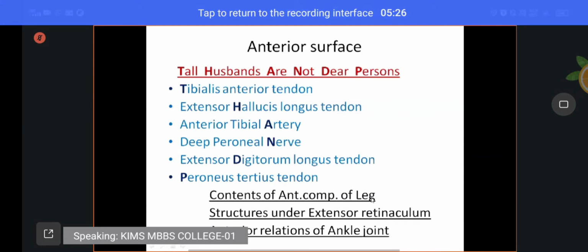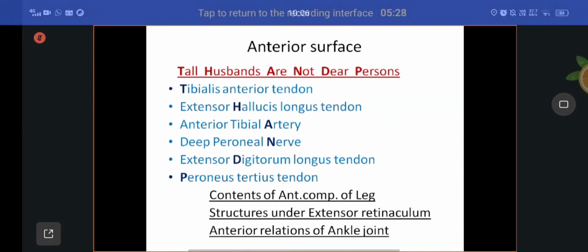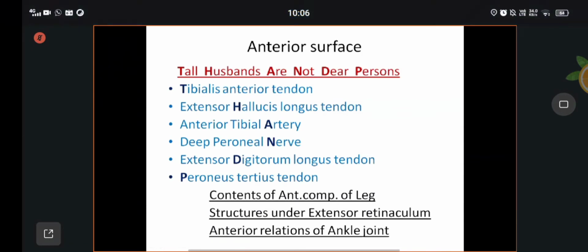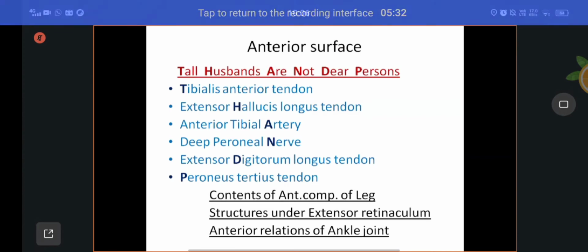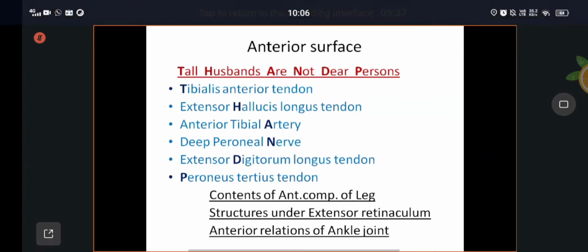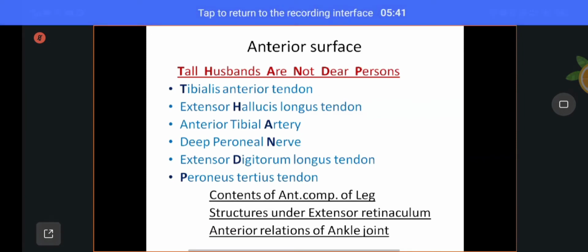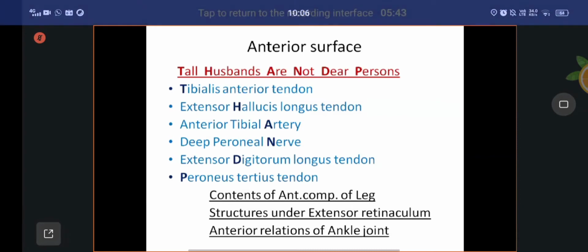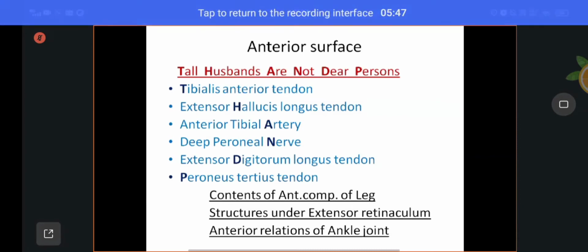The structures related to the anterior aspect of the lower end of the tibia are the contents of anterior compartment of leg. All these are contents of anterior compartment of leg. It is extensor compartment or structures under cover of extensor retinaculum or anterior relations of the ankle joint.